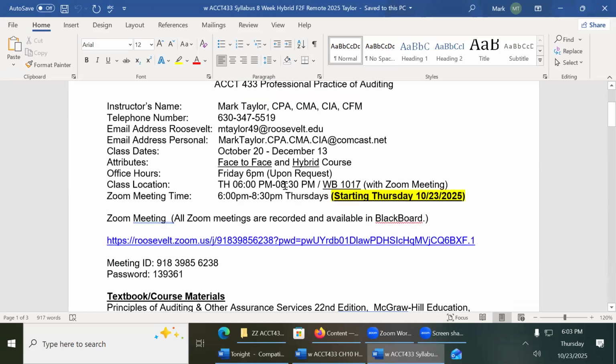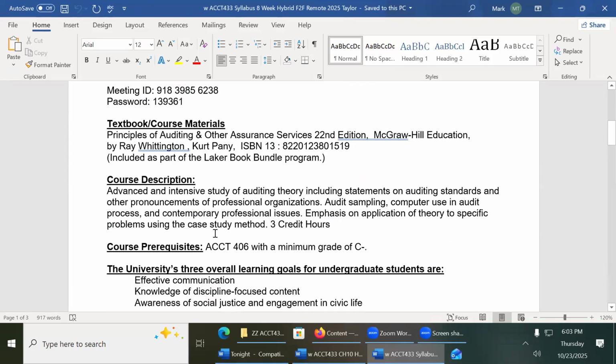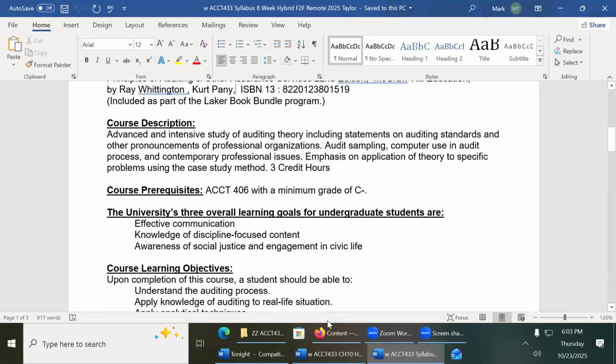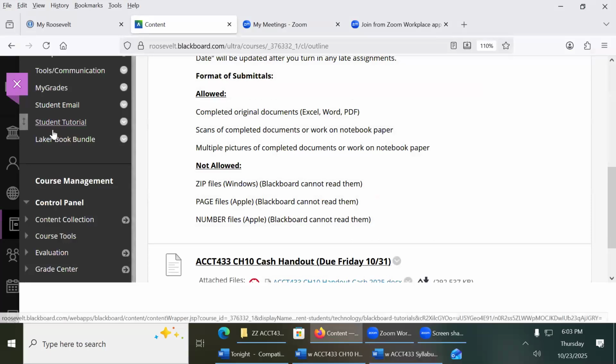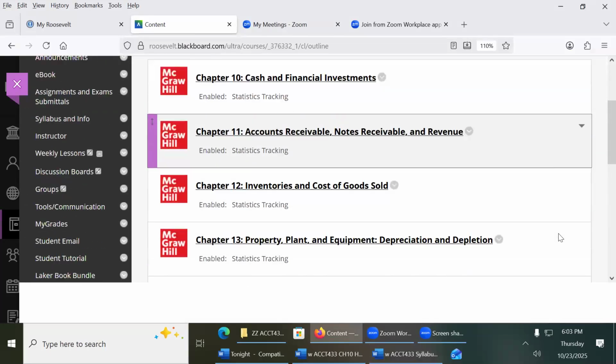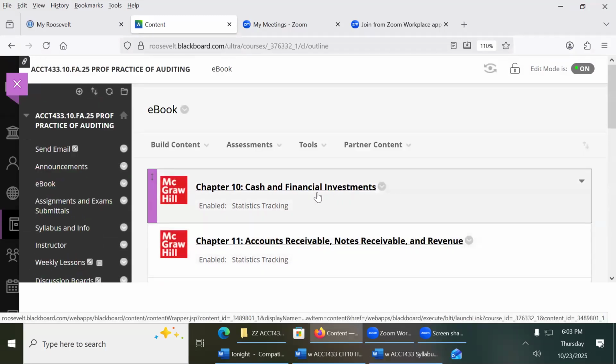Okay, so this is the syllabus, and most of the stuff in here is pretty standard, like the textbook and all that. By the way, you should be able to get into the ebook. Maybe check and see if you can. And if you can't, let me know.